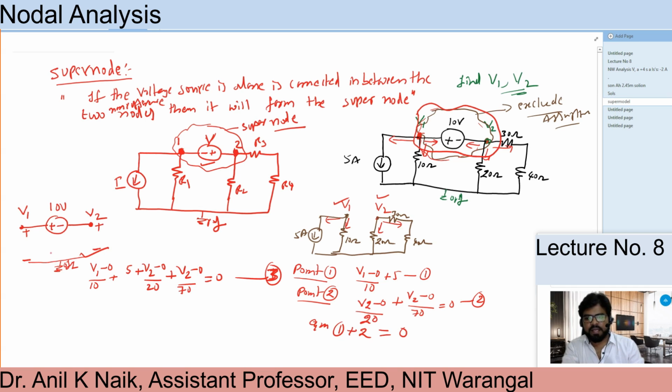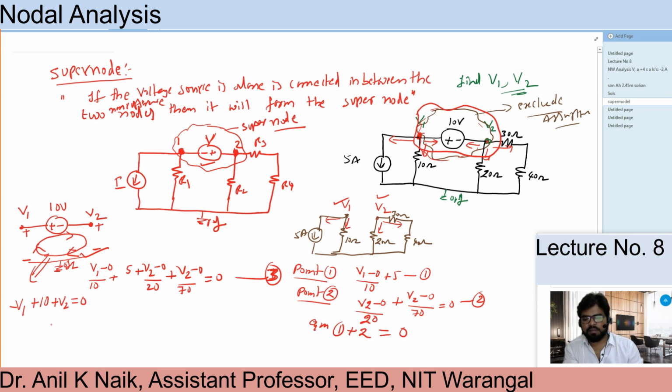Now if you apply a KVL in this loop here, you can take the direction. If you apply a KVL in this direction, what we are going to get, you just see here, I can write this: minus V1 plus 10 plus V2 equal to 0.